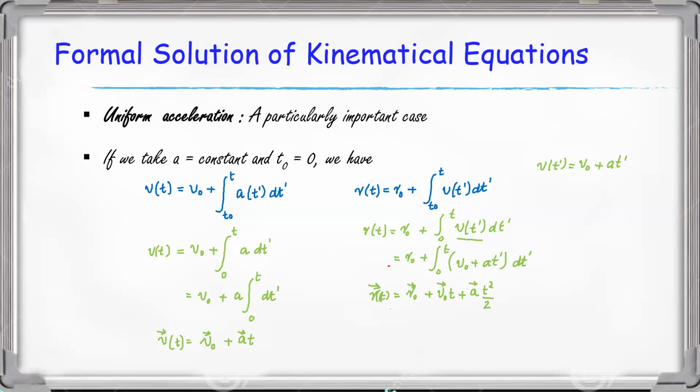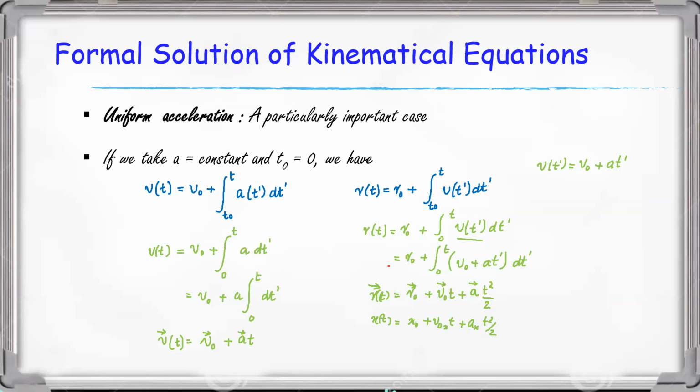It is vector equations. For converting into one dimensional, for example, if we consider the x direction, we will write x of t must be equal to x0 plus v0x into t plus ax t square divided by 2.